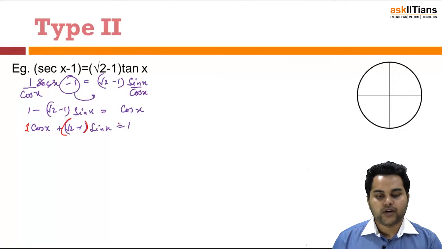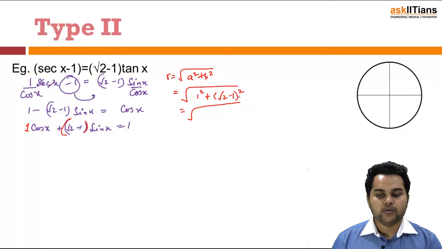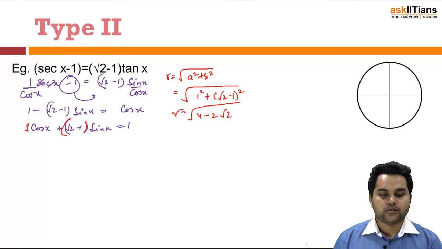So I took the value of r as root over a square plus b square, which would be here 1 square plus root 2 minus 1 square. That would give me 2 plus 1 plus minus 2 root 2, that is 3 minus 2 root 2 plus 1, that is 4 minus 2 root 2. So r here would be root of 4 minus 2 root 2.